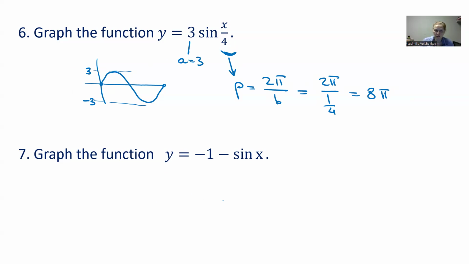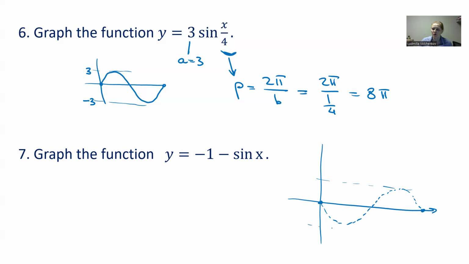Graph the function -1 minus sine x. So this time we have vertical shift. So we start with negative sine graph. Sine also starts from the middle, but first goes down, then up.